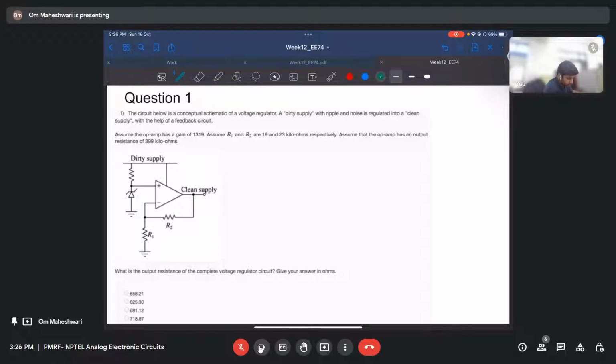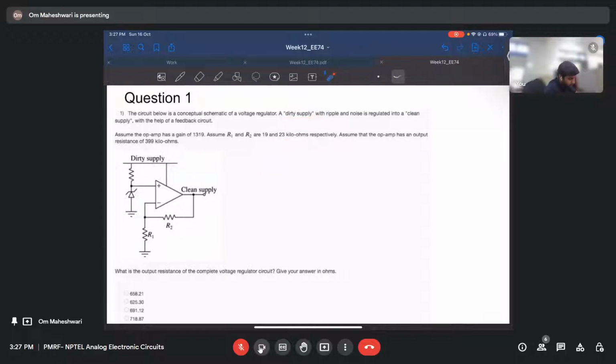In question one, this is a schematic of a voltage regulator circuit, and the dirty supply means that it will not be constant, let's say 1.9 volt something.